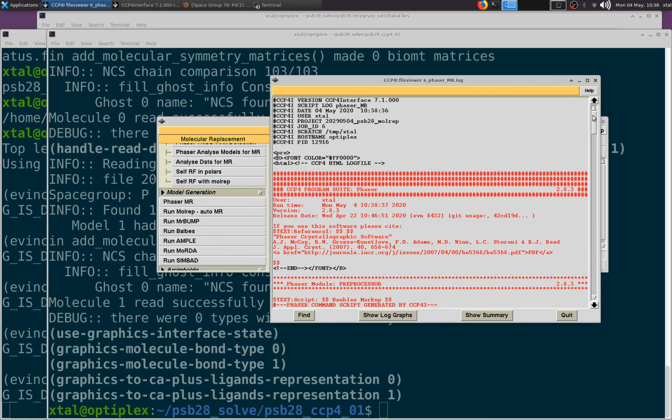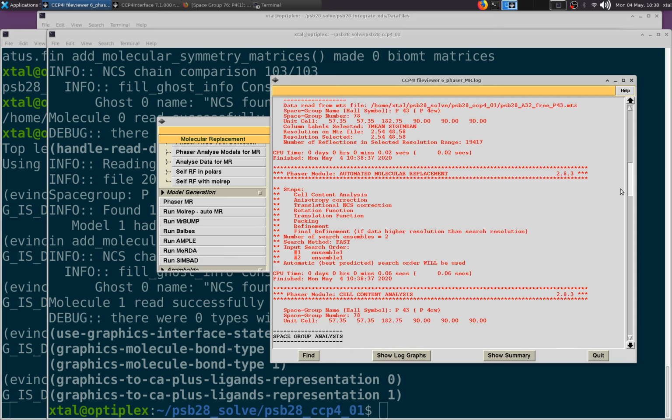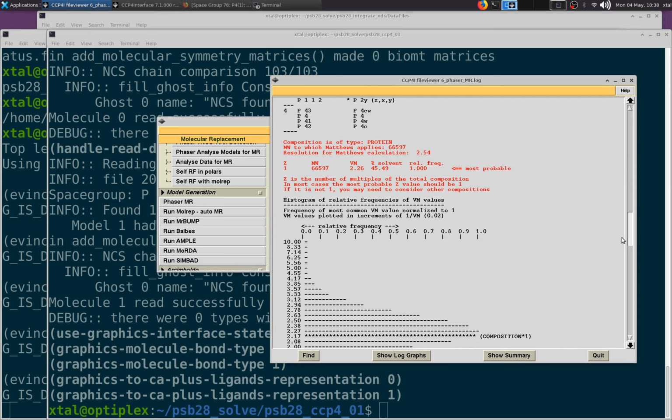Let's look at the log file. So Phaser does lots of things, but it does an analysis of the unit cell. So here it predicts the composition, so it agrees with the Matthews coefficient program that 2 dimers is the most likely composition.